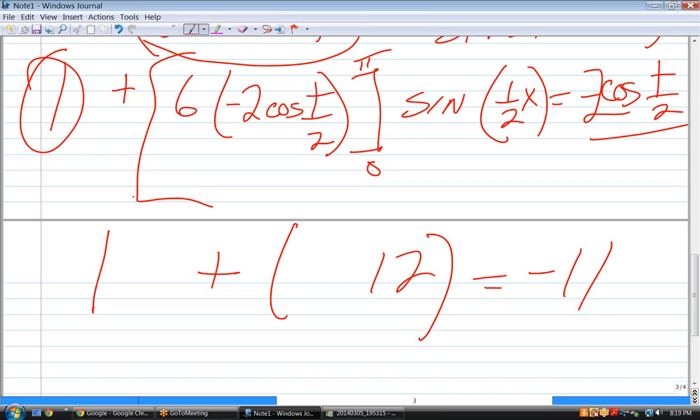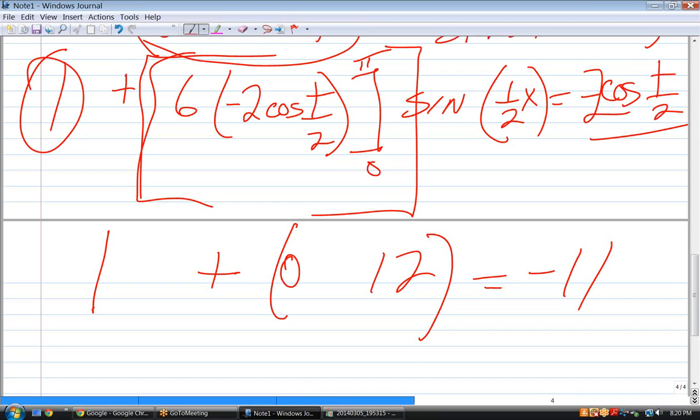The net accumulation, or the net displacement, is this amount here. Okay. Yeah, I added that 1. So when I plug in pi, I get 0, minus, when I plug in 0, I get minus 12. Okay. So it's 13.